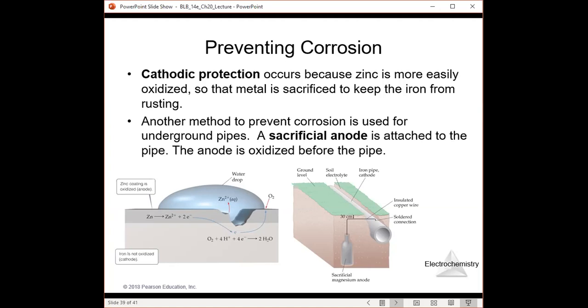That's what they've been doing with pipes underground, because when it comes to water, water can be destructive. So you can put a coating that has some zinc in it, or put magnesium in there to sacrifice it. Those are some of the things they do to prevent corrosion.